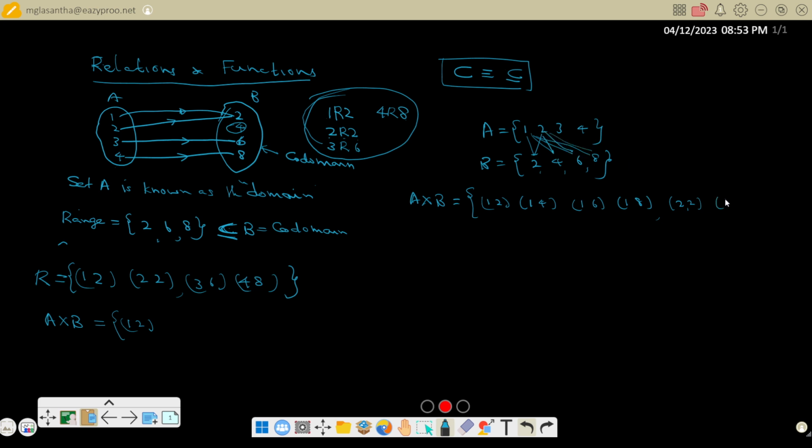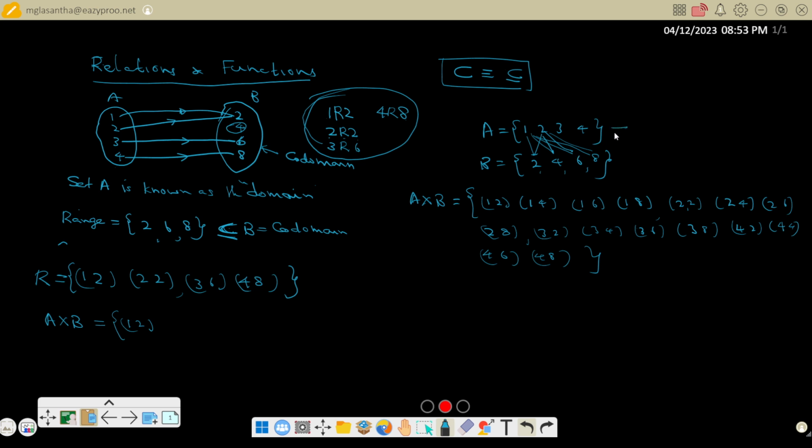Then 3, 2; 3, 4; 3, 6; 3, 8; 4, 2; 4, 4; 4, 6; 4, 8, like that. So this Cartesian product is a set, right?